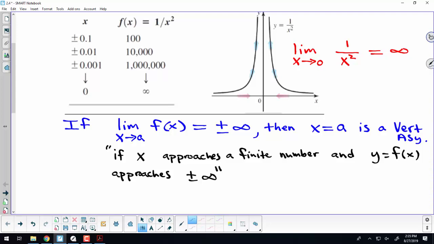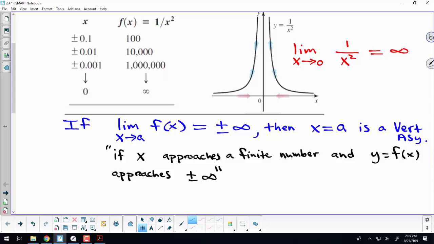So if you think about all the graphs that you've looked at that have vertical asymptotes, it's really the only thing that can happen. Right? We know what it is to have a vertical asymptote. The factors in the numerator and denominator don't divide out. That's how you defined a vertical asymptote in algebra or pre-calc. They just said it's the zeros of the denominator that aren't zeros of the numerator.